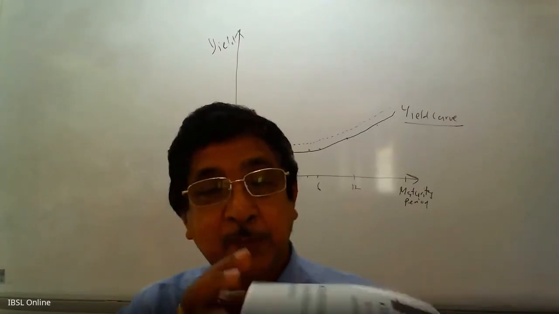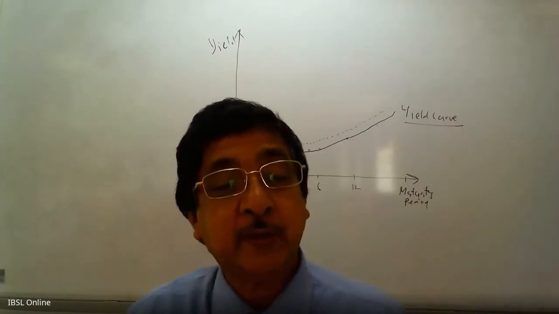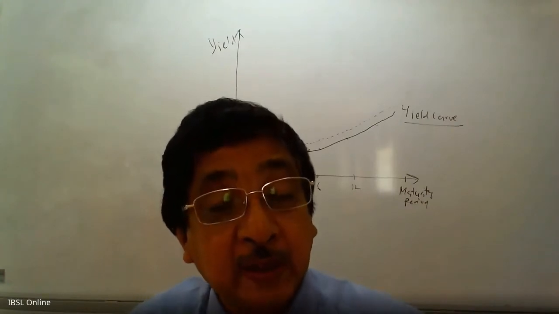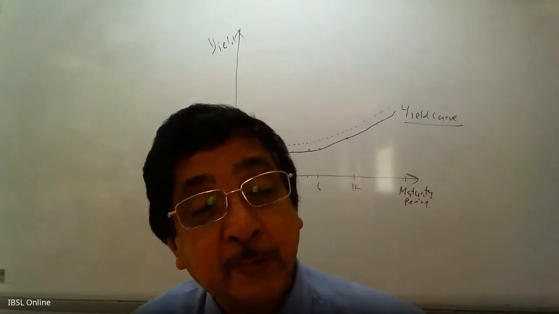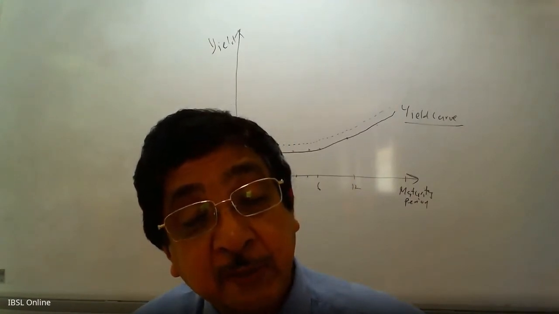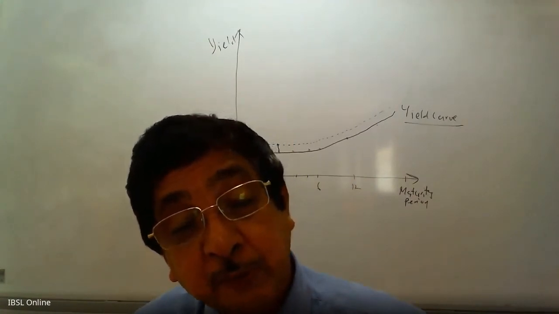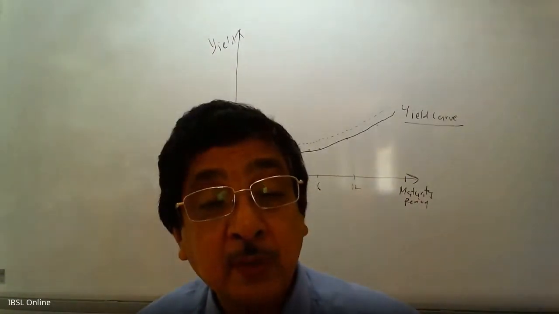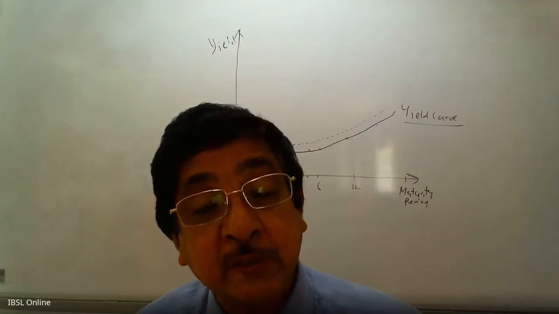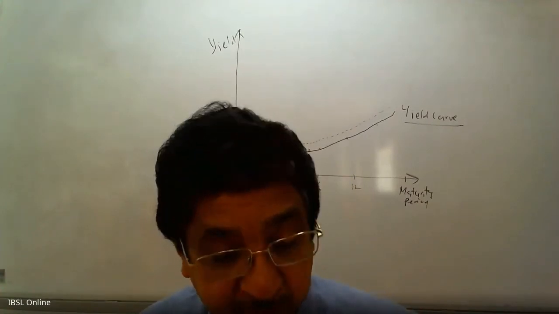Now, for example, I just talked on parallel yield curve shift. This is not a very big variation in interest rates, but if you have a substantial shift in the yield curve, then this immunization cannot be done only with duration.